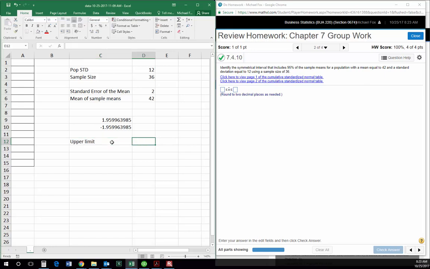And again, this is on page 307. This is going to equal our z times our standard error of the mean plus our mean of the sample means.